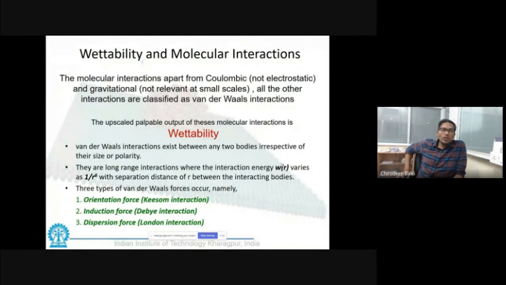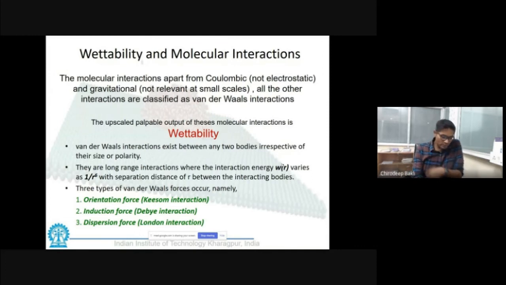Obviously you remember the van der Waals equation of gases, where the pressure and the volume terms are augmented. Similar to it, these van der Waals interactions can be classified into three interactions: the orientation force or Keesom interaction, the induction force or Debye interaction, and the dispersion force or London interaction.